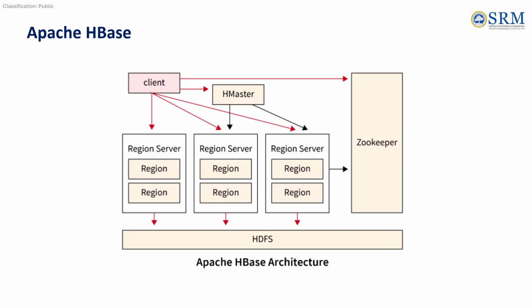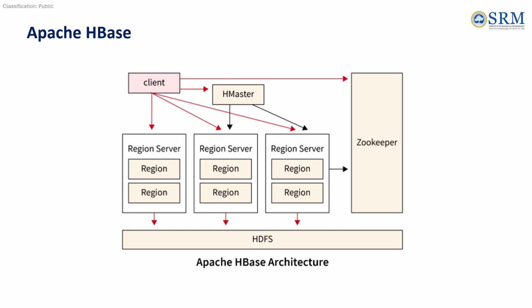Let us now understand the architecture of Apache HBase. HBase is a distributed column-oriented NoSQL database built on top of the Hadoop Distributed File System or HDFS. It is designed to store and manage very large datasets across multiple machines. We can compare this architecture to a large multi-specialty hospital.